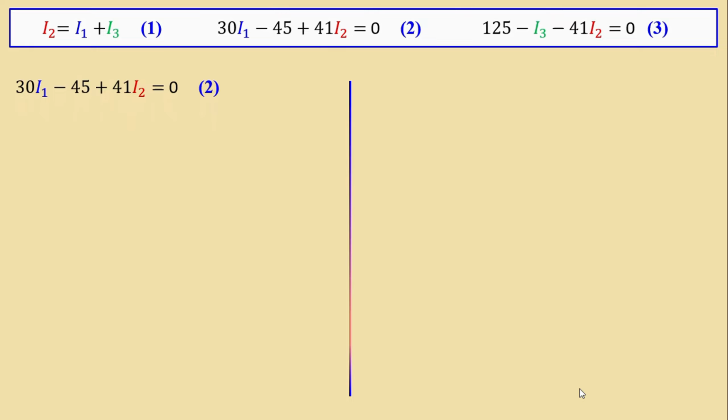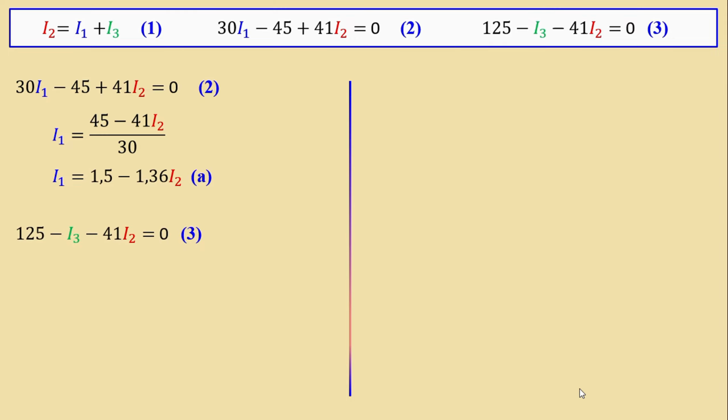We have 30 I1 minus 45 plus 41 I2. We can find I1 is 45 minus 41 I2 over 30. We obtain finally I1 is 1.5 minus 1.36 I2. Here we obtain equation A. We can see that I1 is written in terms of I2.